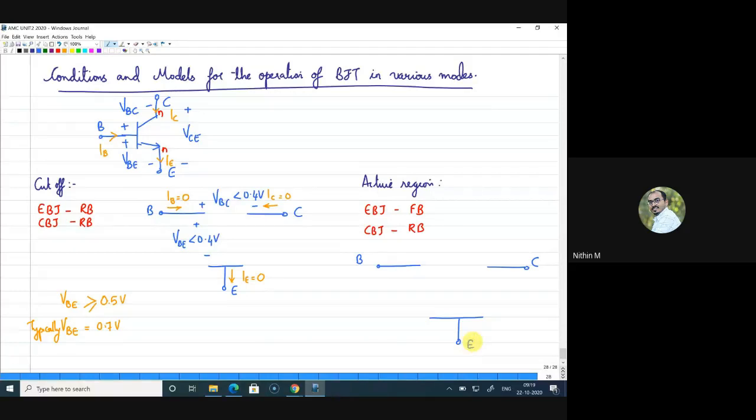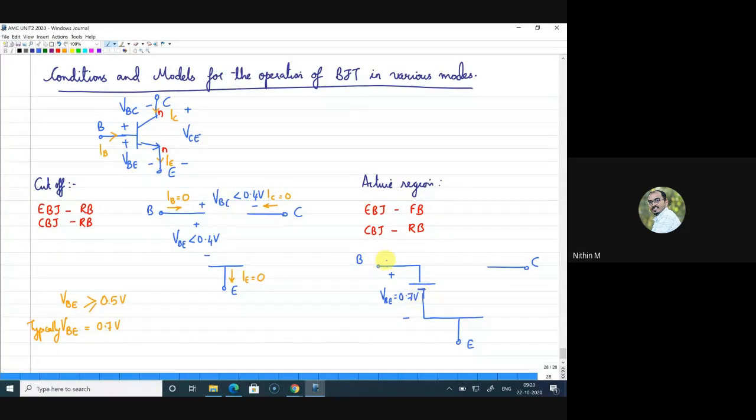Since the emitter base junction is forward biased, we will replace that using a diode here in this fashion. Since it is forward biased, I can mark this as a forward voltage across the diode. As I told, the value we generally take for a silicon diode is 0.7. So this is how I can mark this side.